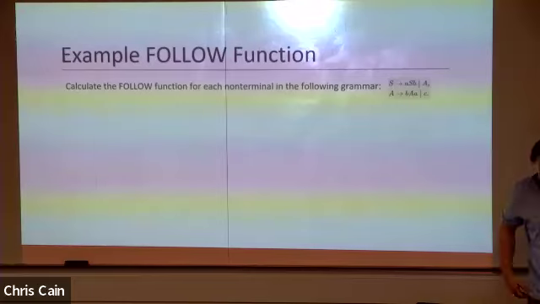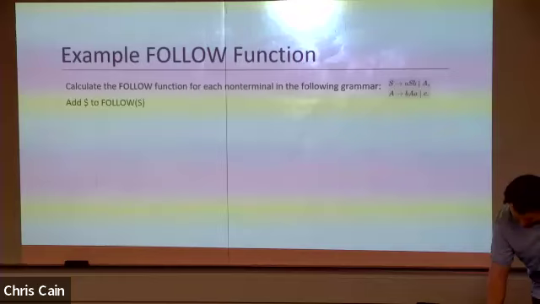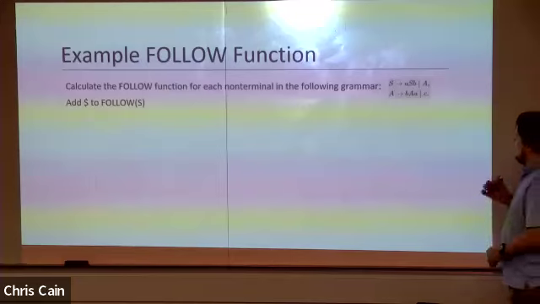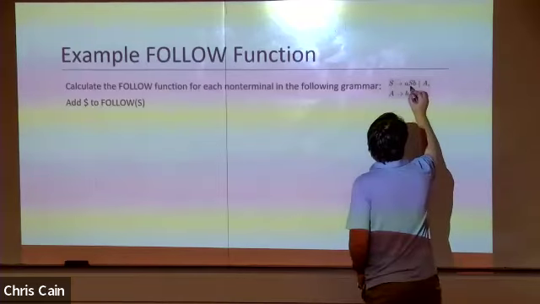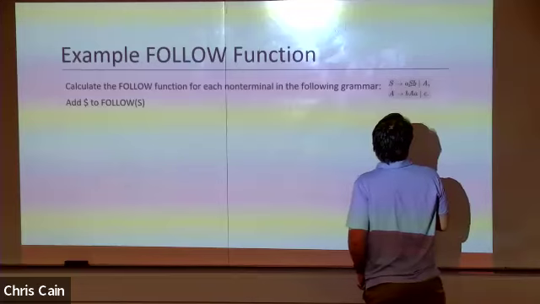You're going to start by adding dollar to follow of S. Now, to figure out what could follow S, what could be at the end of S? We're going to look for all pairs of capital S followed by something.